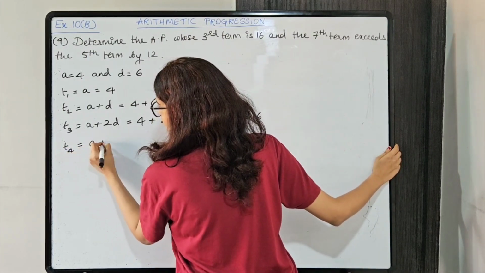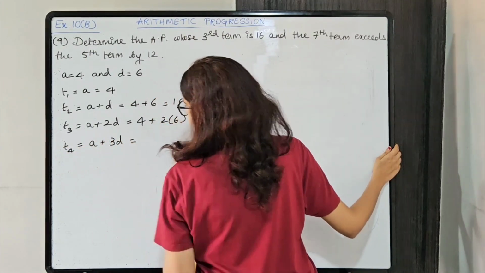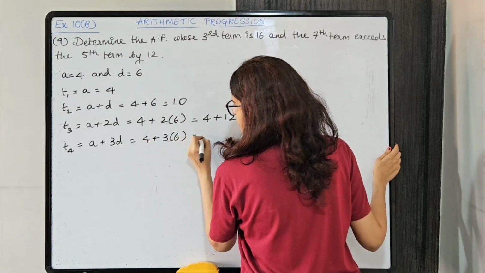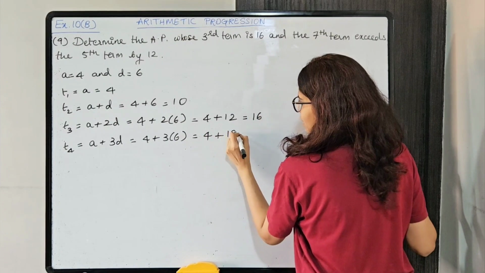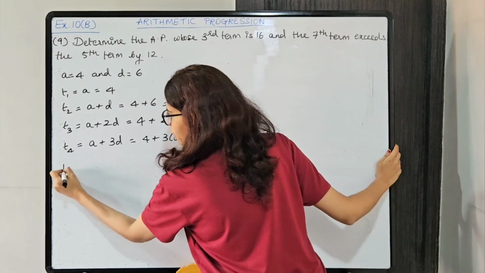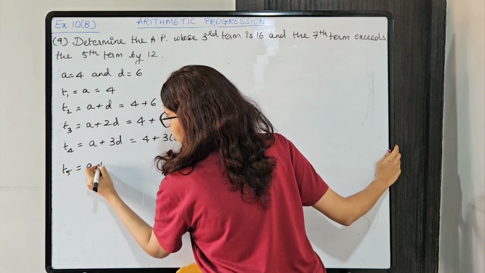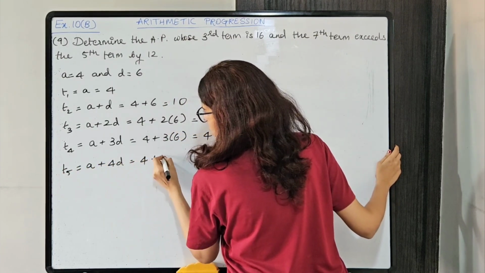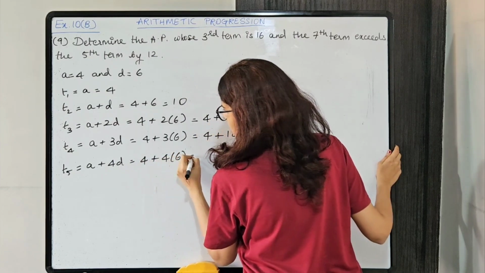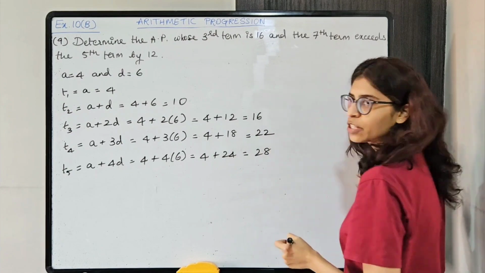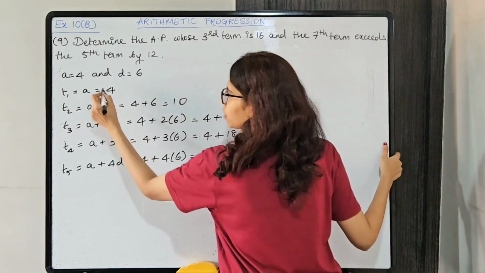T4 will be A plus 3D, that will be 4 plus 3 into 6, that gives 4 plus 18, that will give 22. Fifth term will be A plus 4D, 4 plus 4 into 6, that gives 28. So we got the first 5 terms.